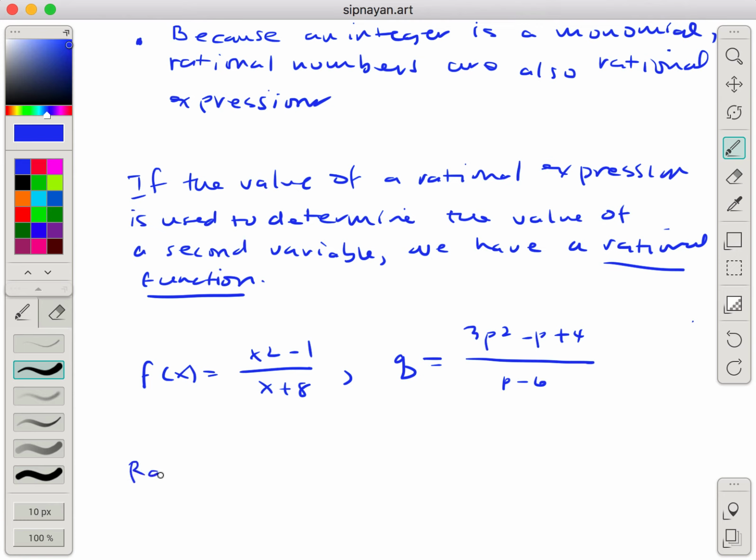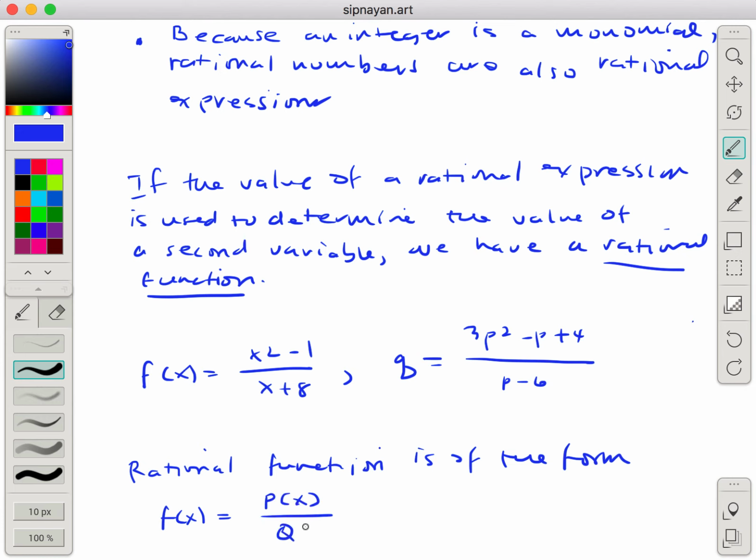Definition talaga yung rational function is of the form f of x is equal to p of x over q of x, where p of x and q of x are polynomials and q of x not equal to 0.